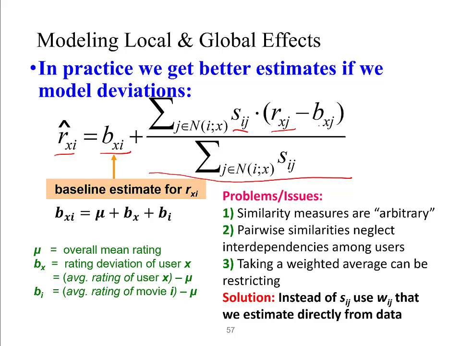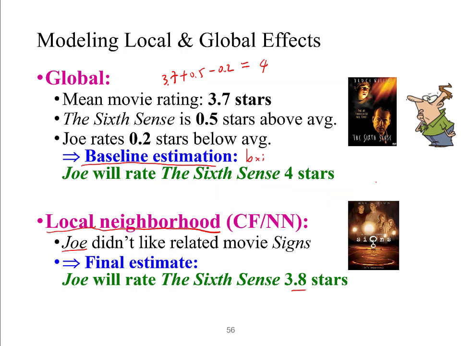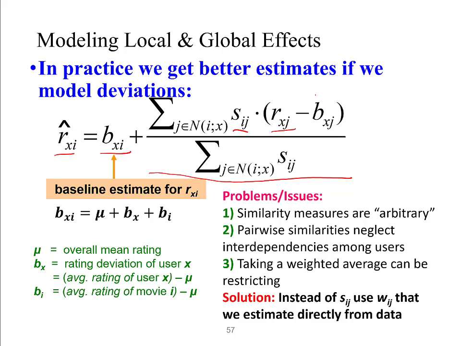By using this, we can model the deviations of item j with user x based on the baseline estimate. So this is an average one. By using this, we can have a better estimation. So essentially the idea is what we are trying to illustrate here.